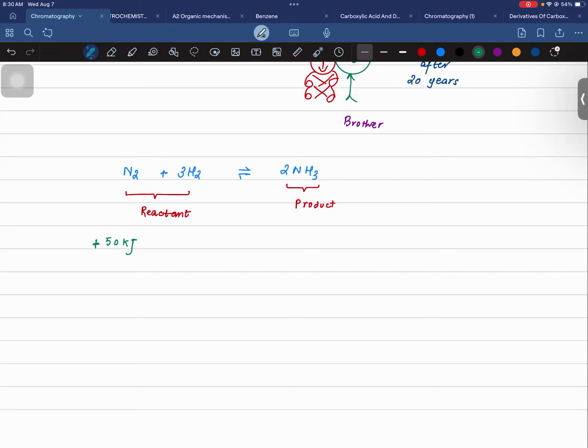Okay, so I'm assuming that the examiner would be providing you different energies, then you have to solve it. I'm telling you how you are going to solve it. So 50 kilojoules energy is needed to break the bonds, so I'm writing: energy needed to break the bonds.